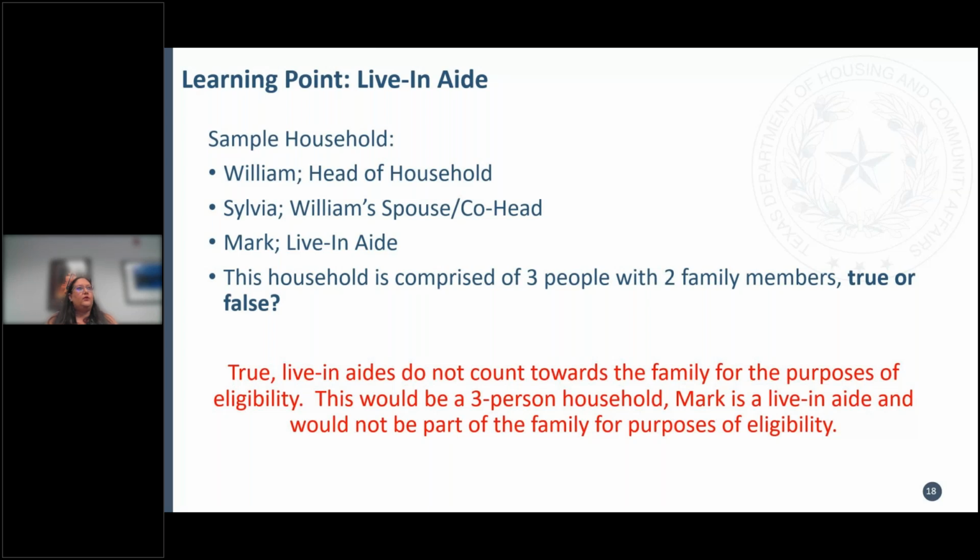I think we've had some instances where folks have reached out because there's been a sibling group that was going to take care of a parent or parents, and they wanted to know, could all 3 siblings be considered live-in aides? Well, they all could be if they're all meeting those requirements, because maybe they take a week on, and then they go for 2 weeks and then they come back for a week, that sort of thing. So I think there are definitely scenarios where there would be 2 live-in aides.